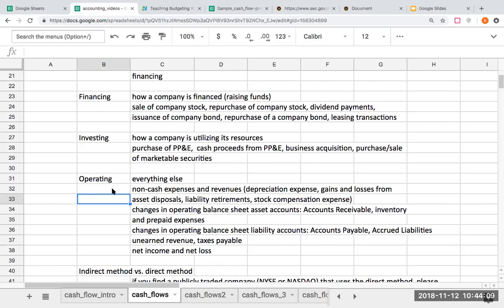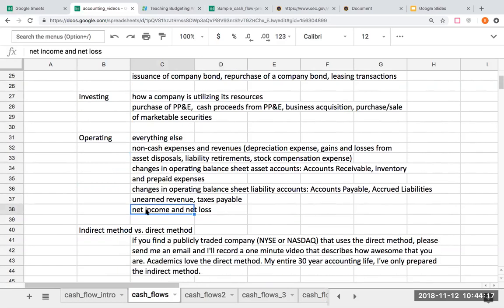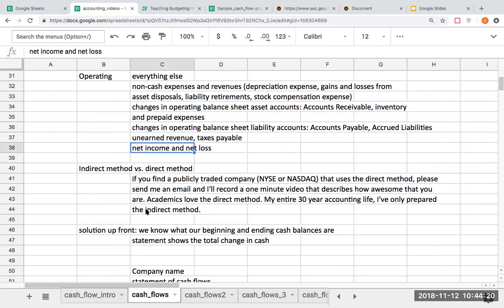And then lastly, changes in operating balance sheet liabilities, payables, accrued liabilities, and so on. We're also going to be starting out with our net income or our net loss. And right over here, when it comes to the way we prepare our statement of cash flows, I am going to be using the indirect method.